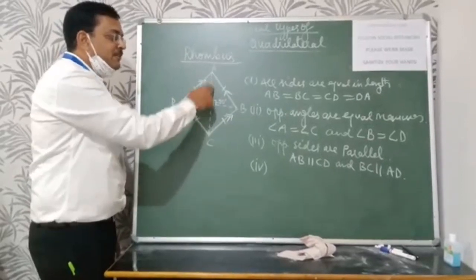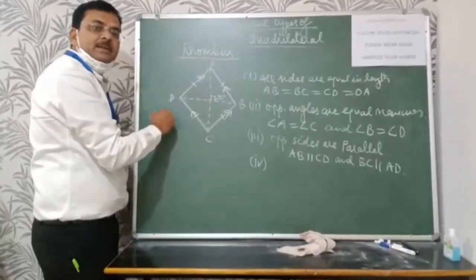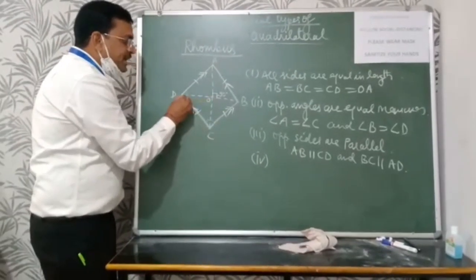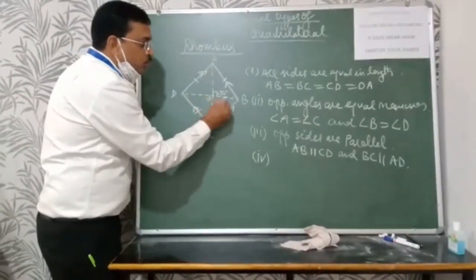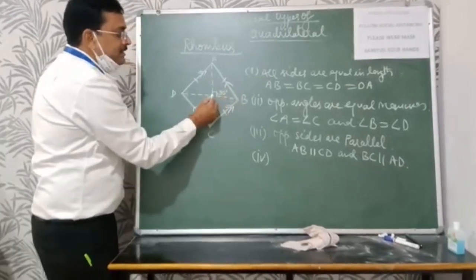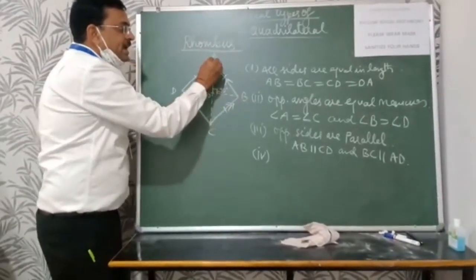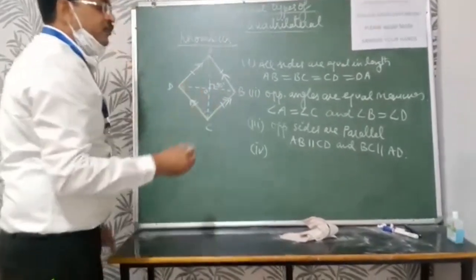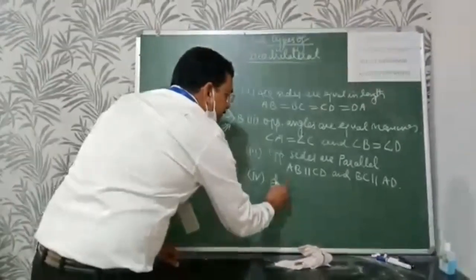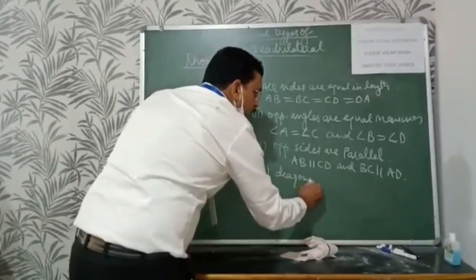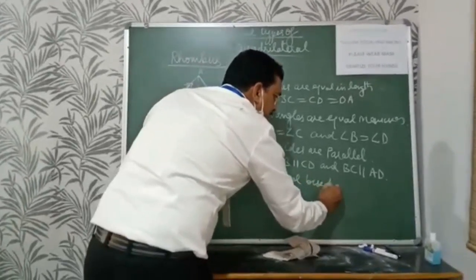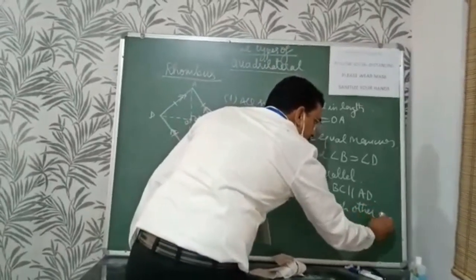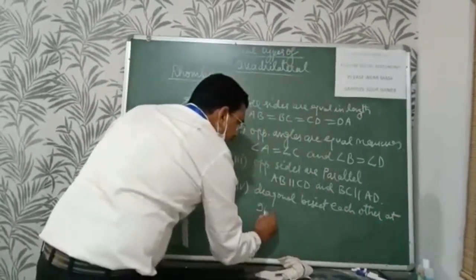Perpendicular means they bisect at 90 degrees, and the distance from O to D is equal to O to B, and the distance from O to A is equal to the distance from O to C. So we can write here diagonals bisect each other at 90 degrees.